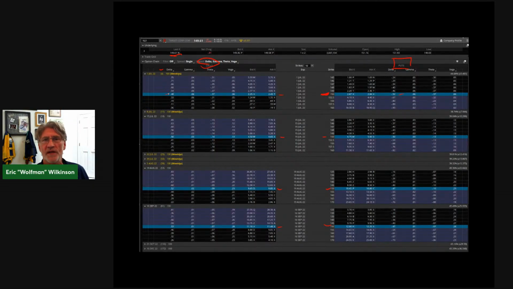So this tells me the skew is to the put side, meaning in the near term, folks are worried about downside in target more so than the upside, because they're buying puts for protection. That's what causes skew, the buying of options. Volatility is created by the buying of options. Buying of options increases volatility. Selling of options decreases volatility.